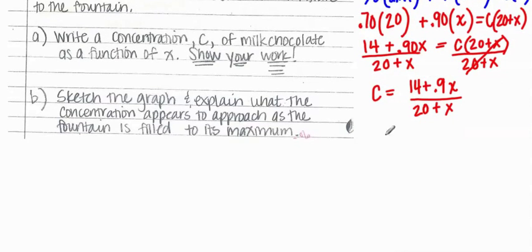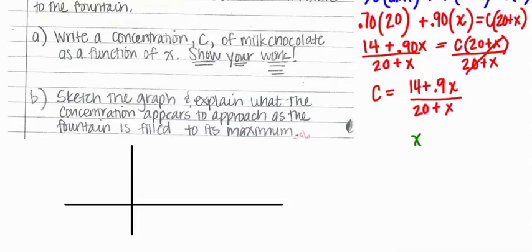This is called a rational equation. Now, rational equations have asymptotes. I have a vertical asymptote at x equals negative 20. So I'm going to make a little grid here. I have a vertical asymptote at x equals negative 20. That is my vertical asymptote.